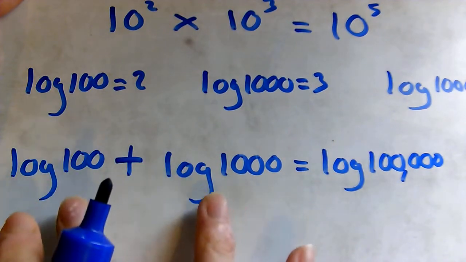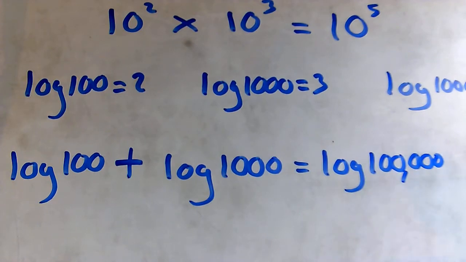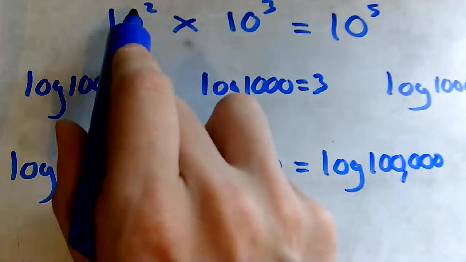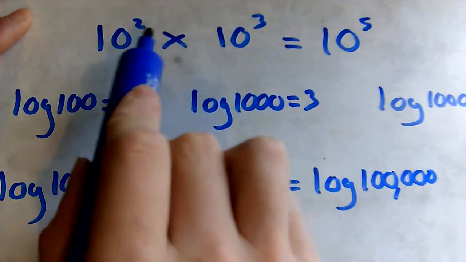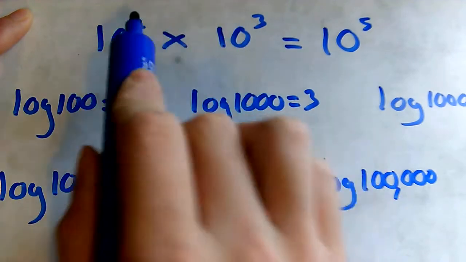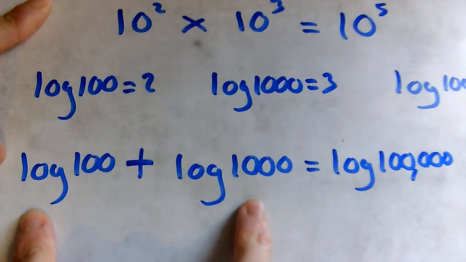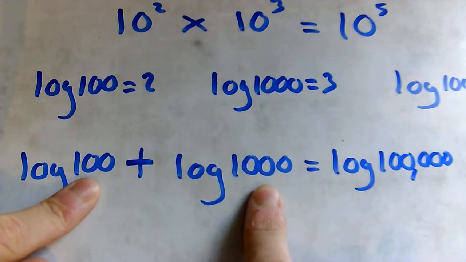So clearly we have to add these two to make that. And that's because logs represent powers. Therefore, the rules for them are the exact opposite of the rules for base numbers and powers up here. So when you have the same base and you're multiplying those, you add the powers. Here, when you have the same base and you're adding the logs, you multiply the numbers inside here.